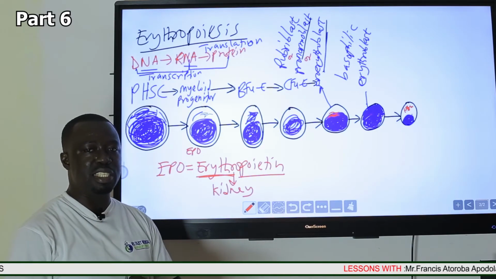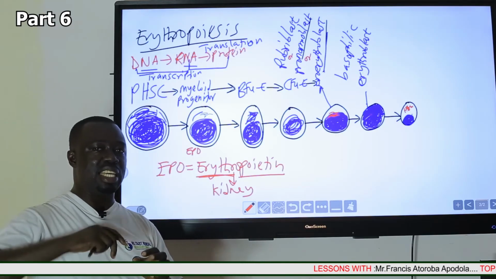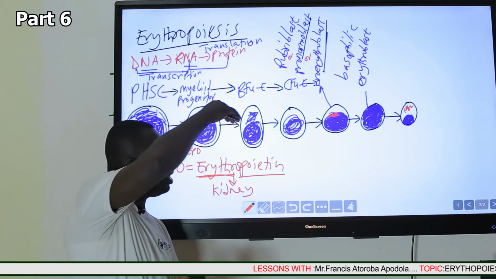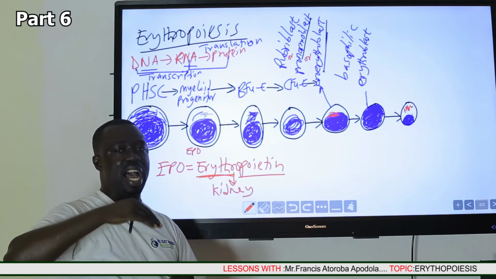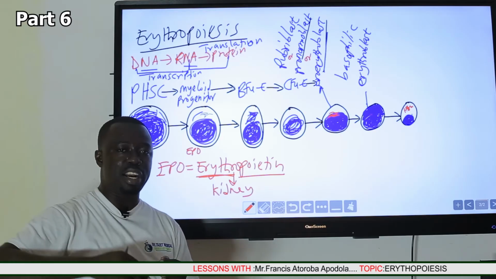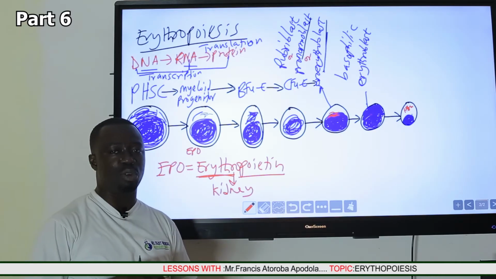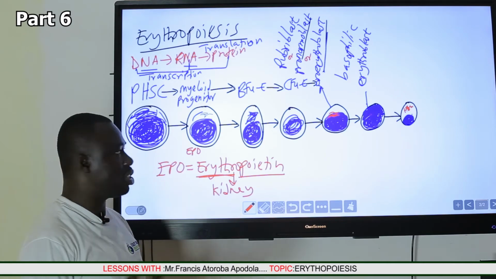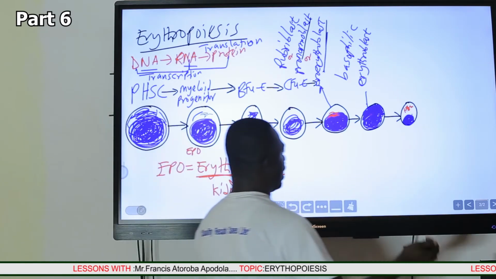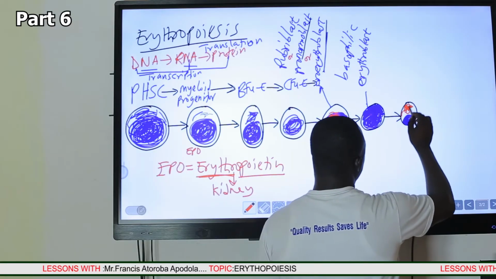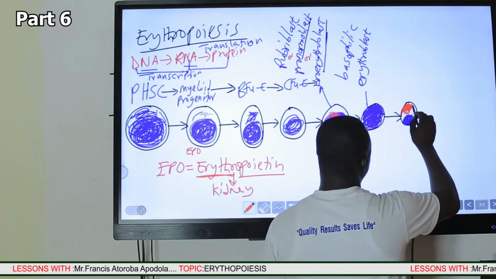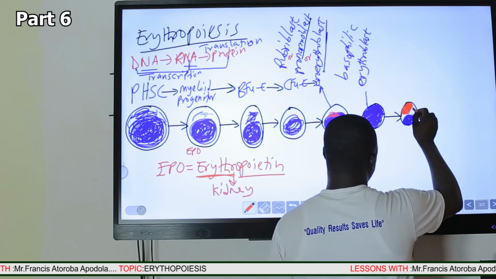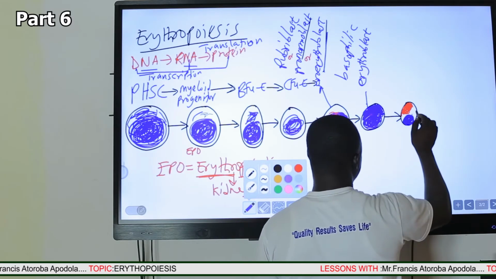And because proteins are basic in nature, when we are staining with Romanowsky dye, these proteins will rather be attracted to the acid part of the dye, and the acid part of the dye is eosin, and eosin color is red. So the cytoplasm here will appear red, but we still have some amount of RNA in there.